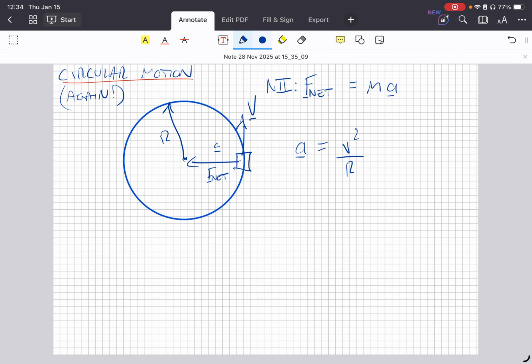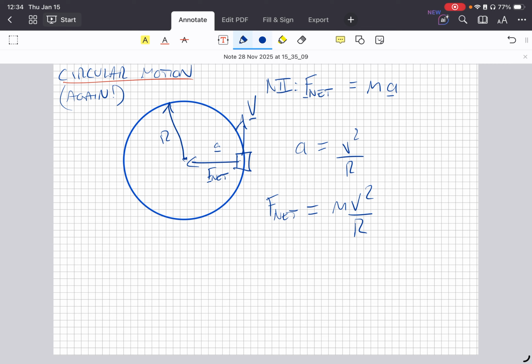So let's just say that's the magnitude of the acceleration for now. Can we now turn that into a force? So the force which is acting on this car that's going on this track, or this particle that's moving around the circle, is going to be given simply by m times v squared over r. It's just m times a. So this is the force which actually causes the motion.